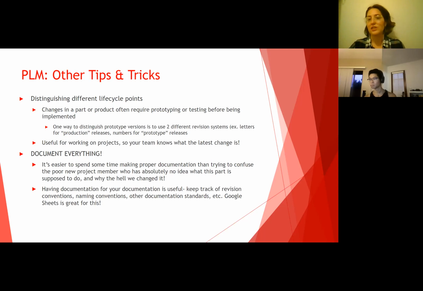Because if someone new joins your project, you and the rest of your teammates who have been on it from the beginning and created the naming convention are going to know what everything means, what the abbreviations mean, and why you name something a certain way or save it in a certain file. But someone new isn't going to know exactly why you're doing that or what they should be doing. So you want to have one standard place that's almost like an index or an encyclopedia that they can look up and say, okay, I have this part file. Where do I save it and how do I save it?